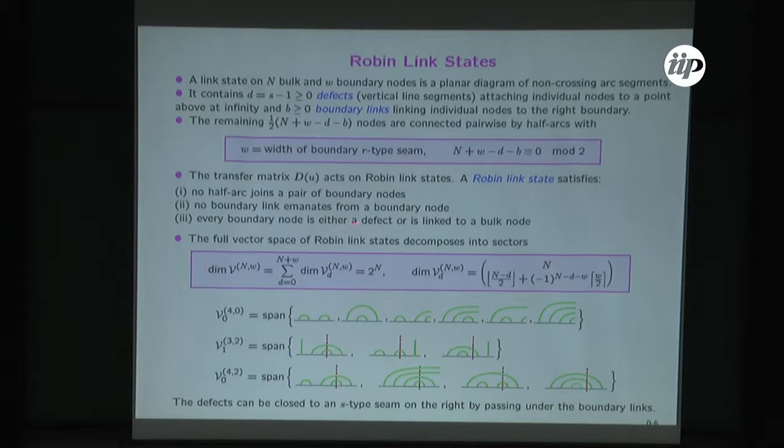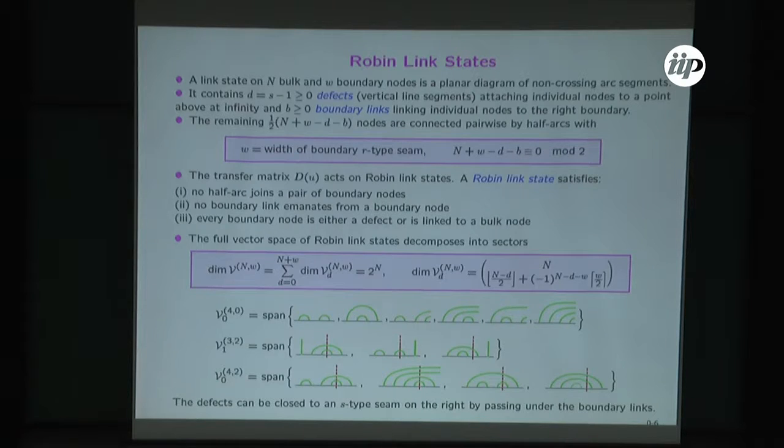And every boundary node is either a defect or linked to a bulk node. So this is how you specify the linked states. Here are some examples where these numbers are n, the number of nodes in the bulk, and w, the number in the boundary, and s is related to the number of defects, which are the vertical lines.